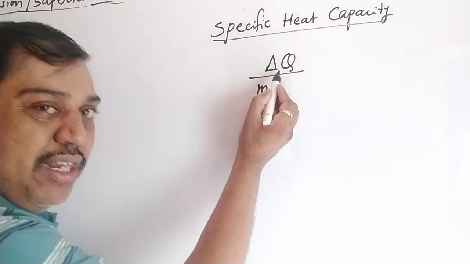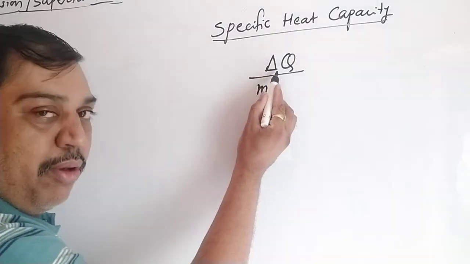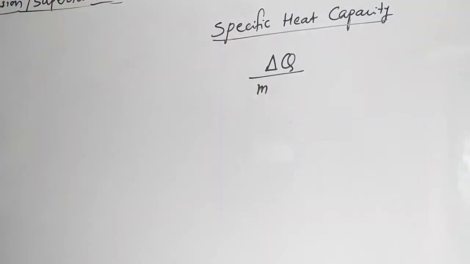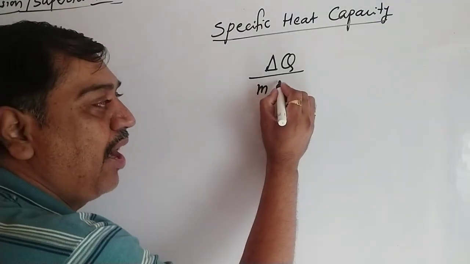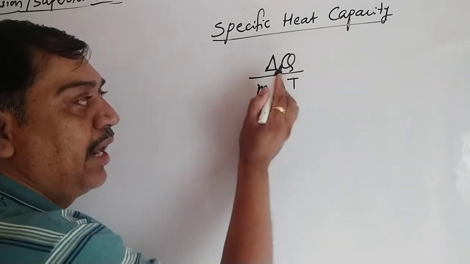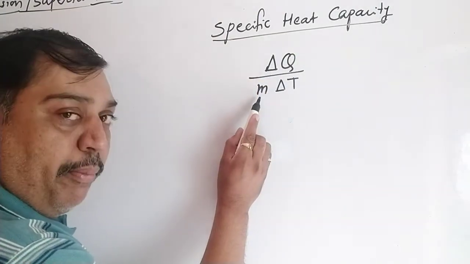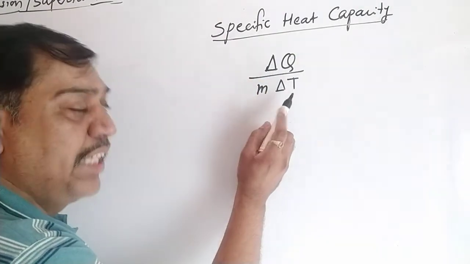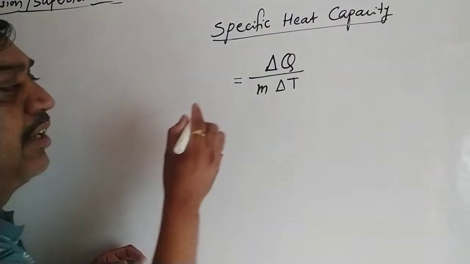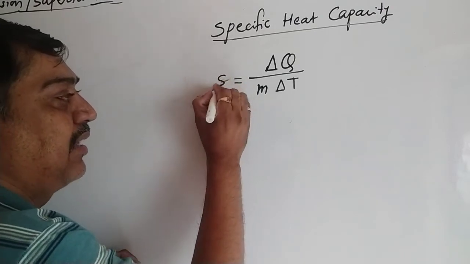Delta Q amount of heat is supplied to, or taken out from, m mass of material, and while doing this there is a change in temperature delta T. Then the amount of heat supplied or given out, divided by mass times change in temperature, this ratio is said to be the specific heat capacity, represented by S.